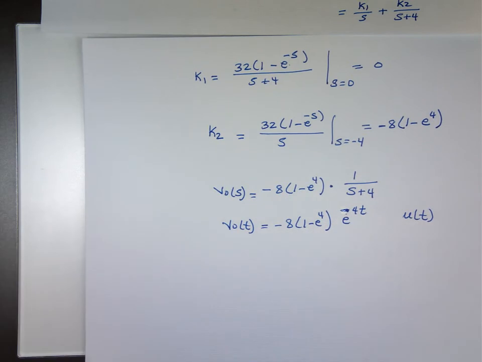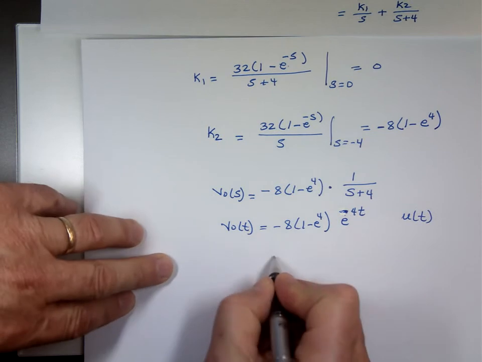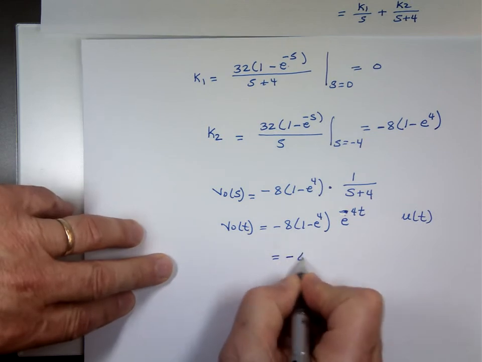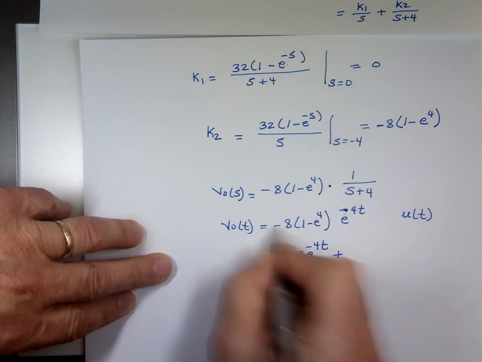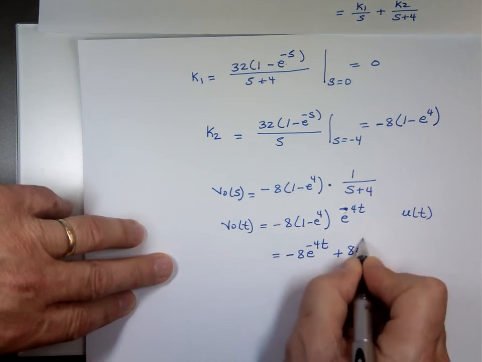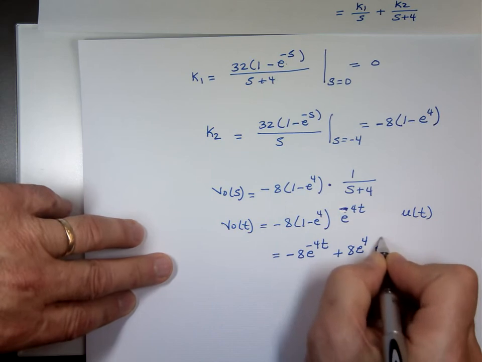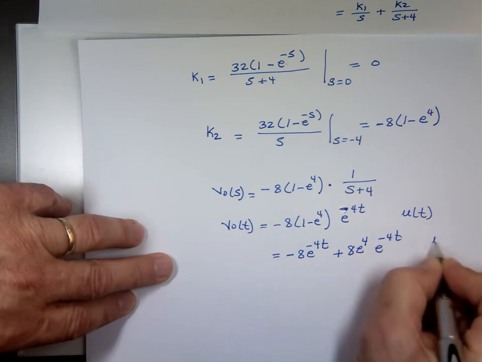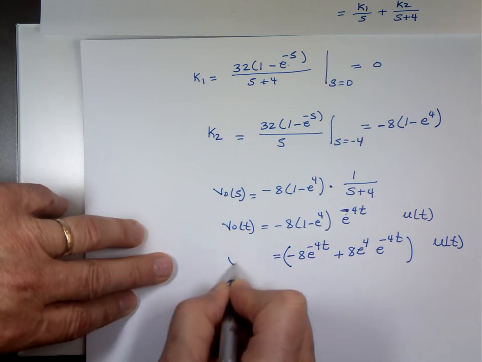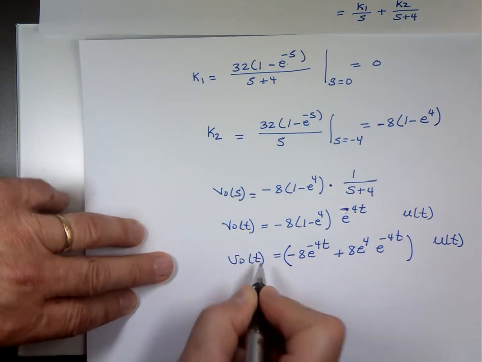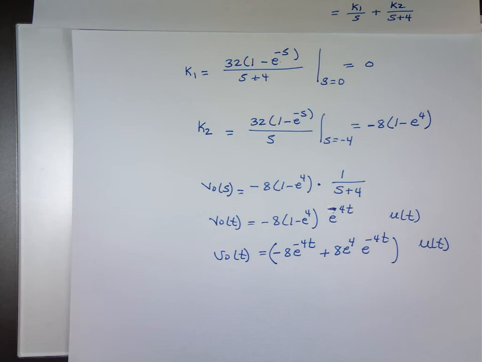So when you distribute that, what are you going to have? Negative 8 e to the negative 4t. This will be 8 e to the 4, that's just a constant, e to the negative 4t, u of t. Could we simplify that to e to the negative 4t plus 4? And when you multiply, you can add your exponents, absolutely.